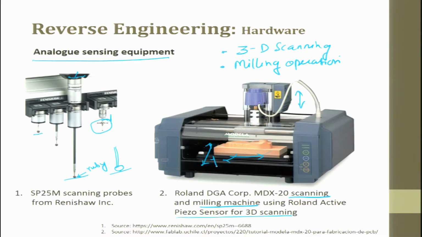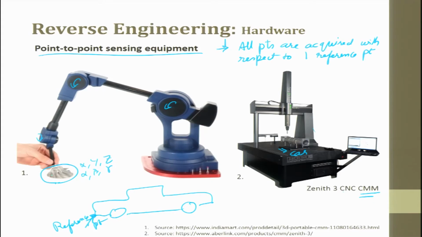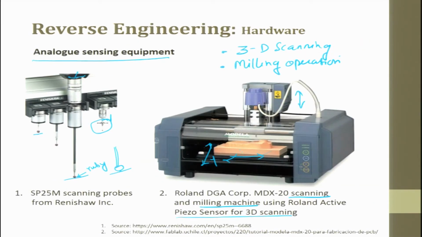So, here these machines are typically called rapid manufacturing machines, where I put a product, for example, this turbine blade, in this space, and then first I measure the data, then I convert all the measured point cloud data into a CNC program, put a block there, and I can machine the same part whatever you did reverse engineering.